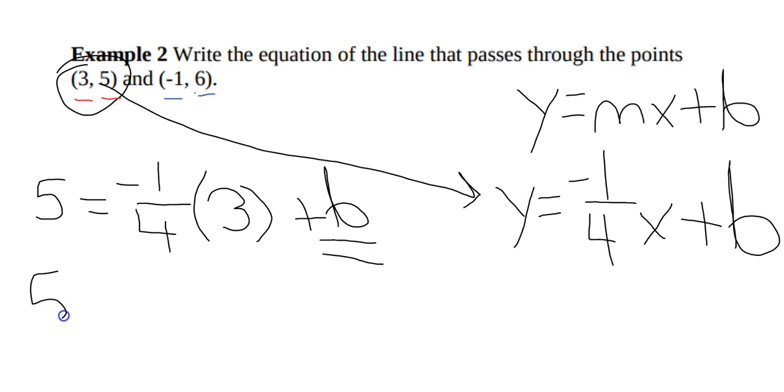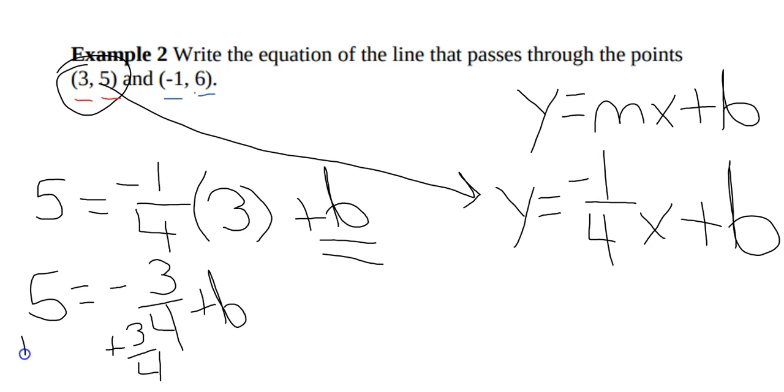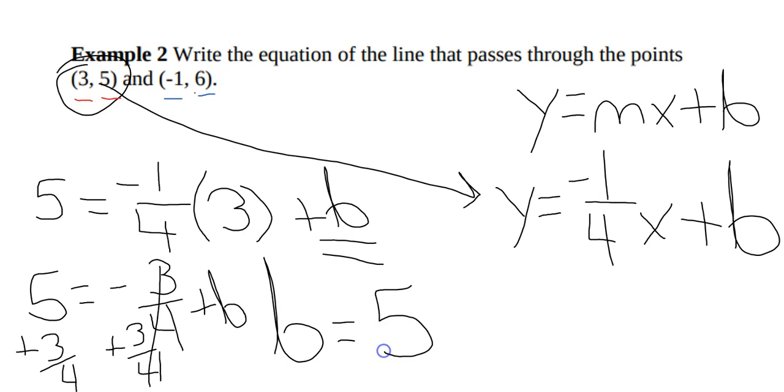So I've got 5 is equal to 3 times 1/4 is 3/4, plus b. If I have a -3/4, the inverse of that, I'm going to add 3/4 to both sides. A -3/4 plus 3/4 is going to cancel out, so my b is going to be equal to 5 and 3/4.